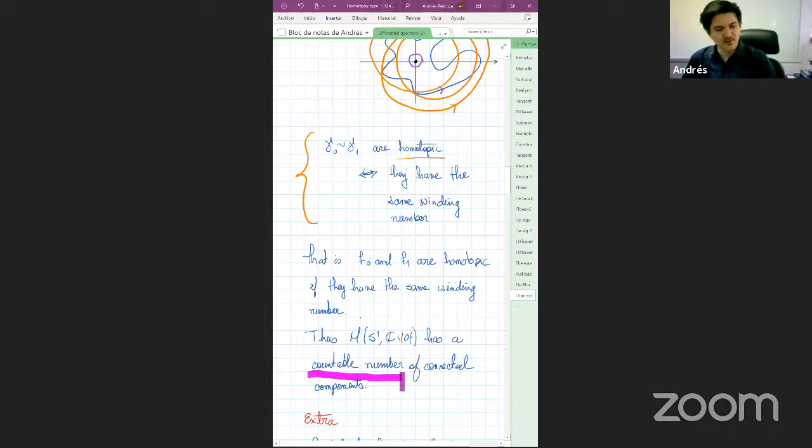This is for continuous maps. If you take a smaller class, smooth maps, the same will hold. There's no distinction whatsoever, right?